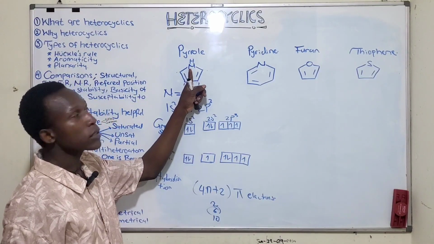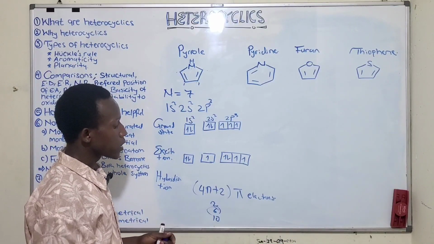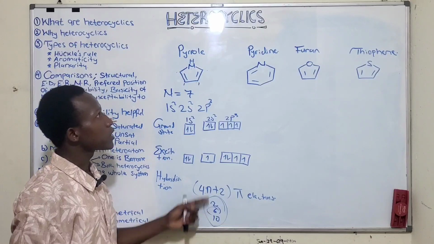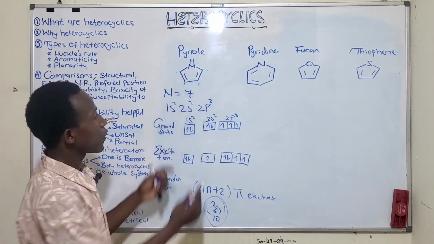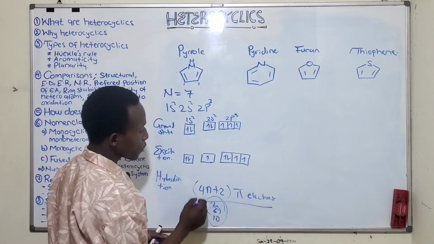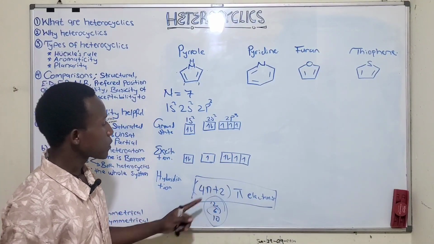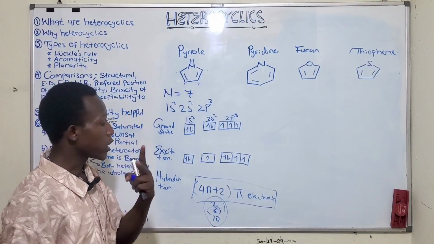If it contributes 1, we shall have 5 pi electrons, which is not what we are looking for. Yet this structure is aromatic, and for aromatic, it should satisfy Hückel's rule. So this nitrogen should contribute 2 electrons.